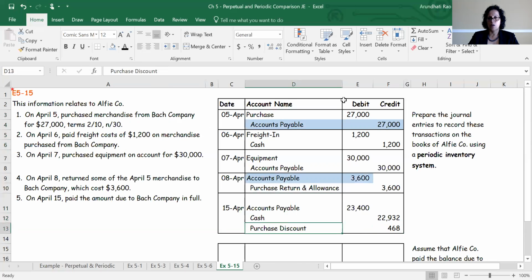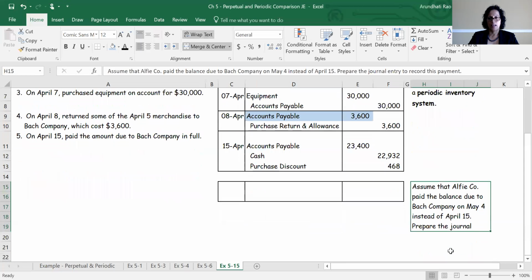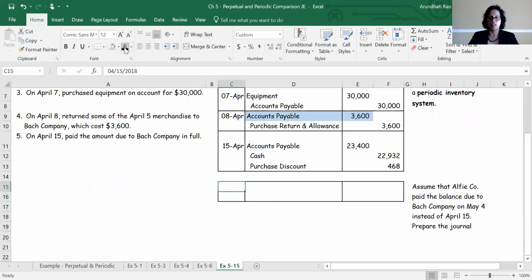As you would notice in all of these journal entries, I did not debit or credit inventory account. That's going to happen only when I do my closing entries. Let's look at the last part. They say, let's assume that the payment was made in full on the last day that I was allowed to make the payment, which means I didn't make use of the discount. Again, how much was owed? 23,400.